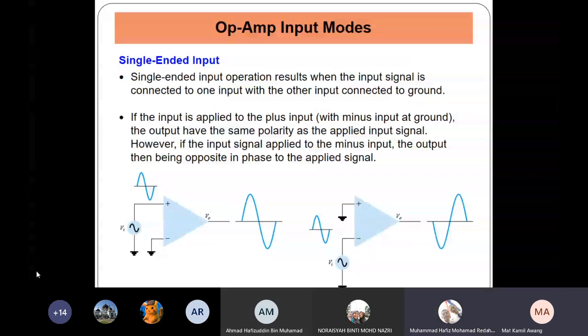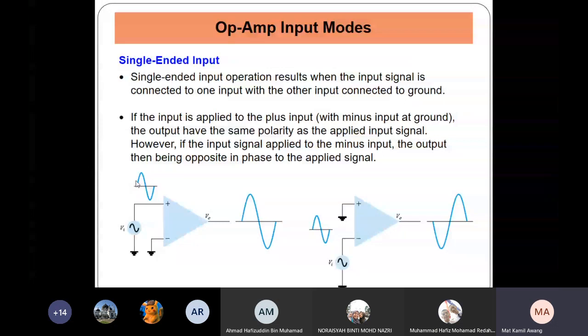Therefore, your signal is amplified as a non-inverting amplifier. So the input signal phase is the same as the output signal phase. These are all in phase.